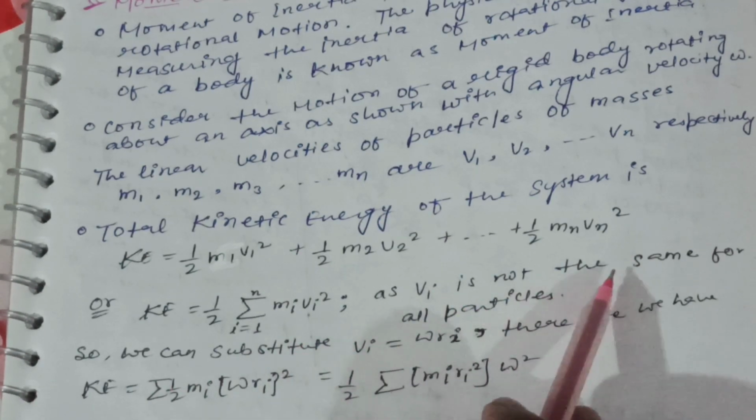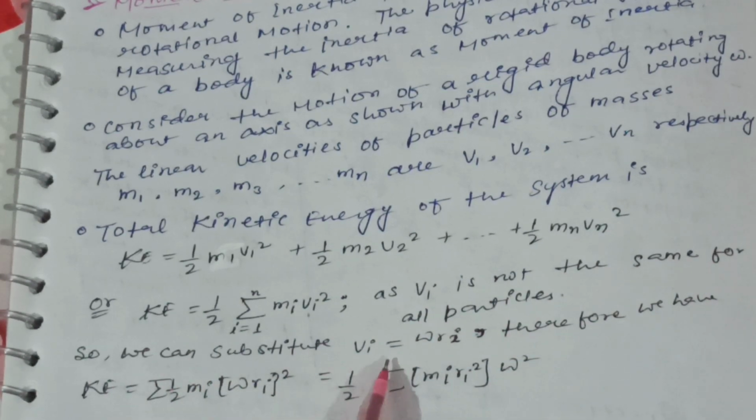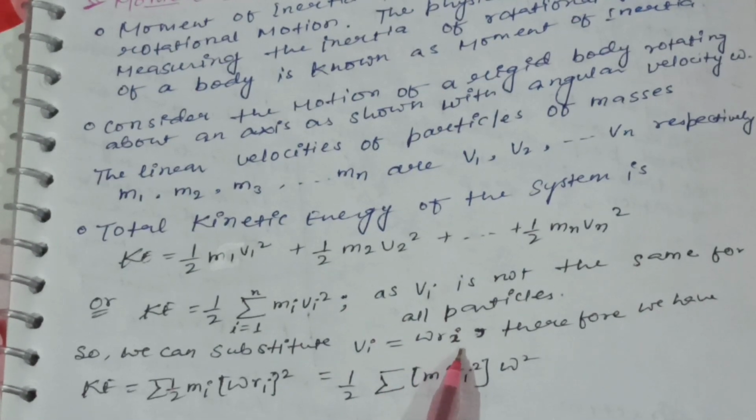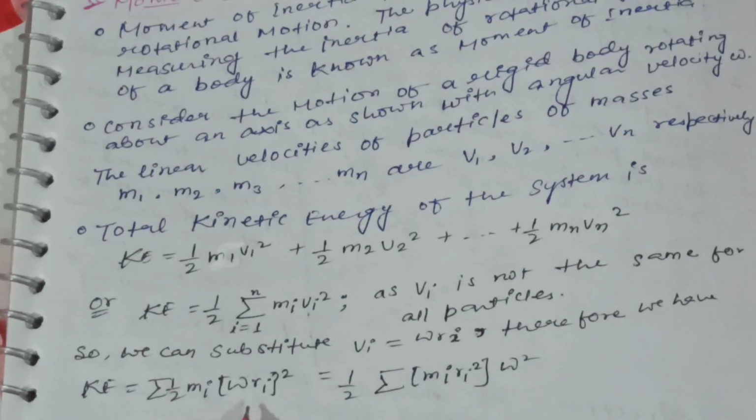As vi is not the same for all particles, we can substitute vi is equal to omega ri. Therefore we have KE is equal to summation 1/2 mi (omega ri) whole squared, is equal to 1/2 summation mi ri squared, times omega squared.